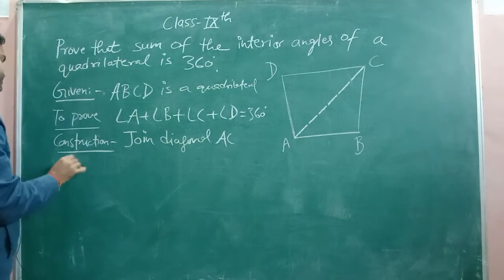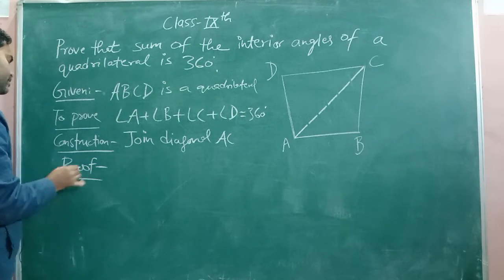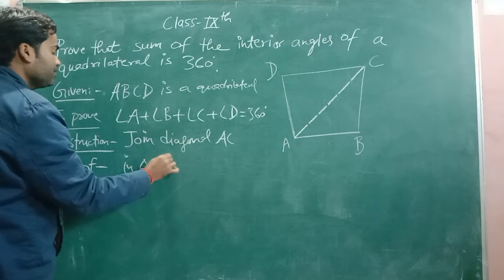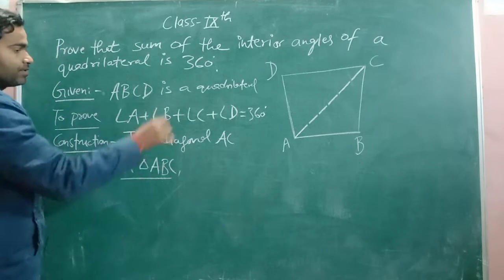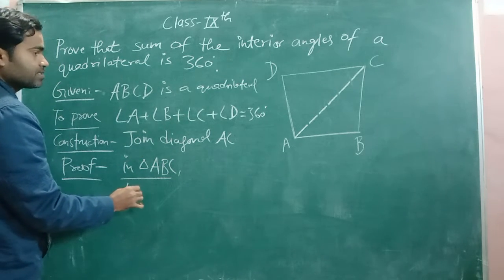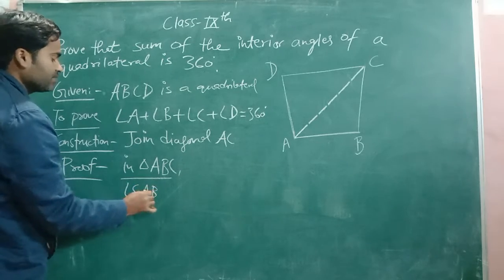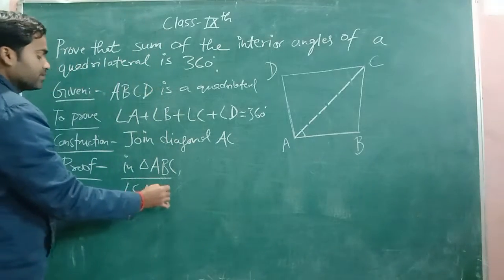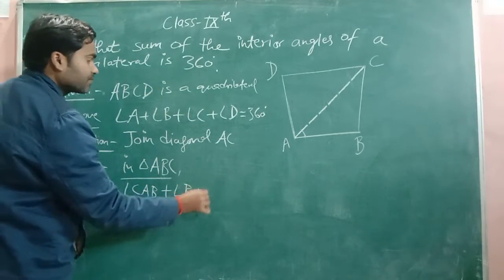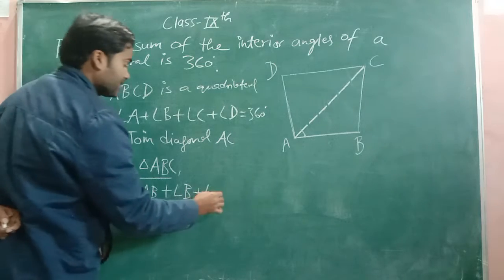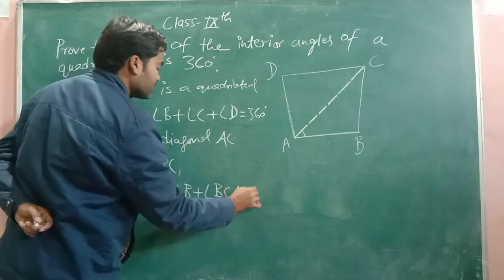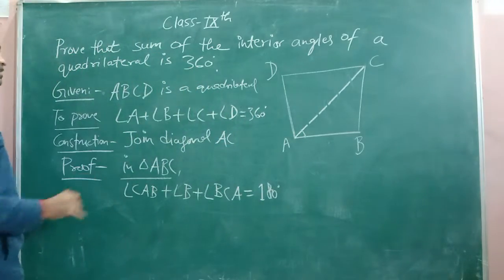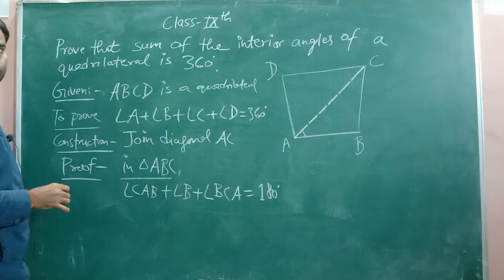So in proof, first write down the name of the triangle. In triangle ABC, you can write angle CAB plus angle B plus angle BCA is equal to 180 degrees.